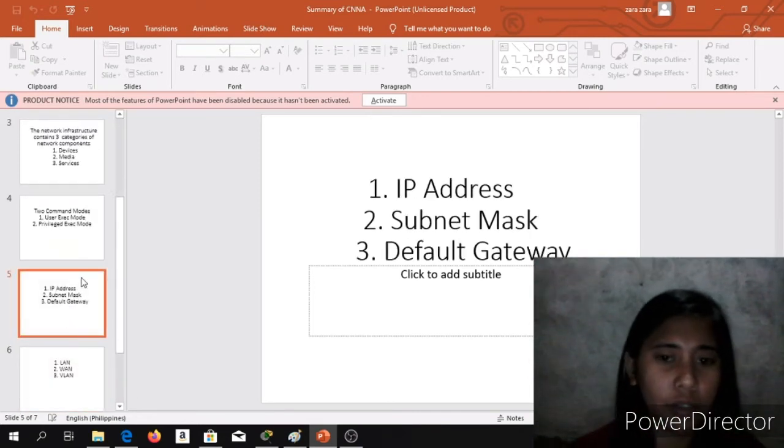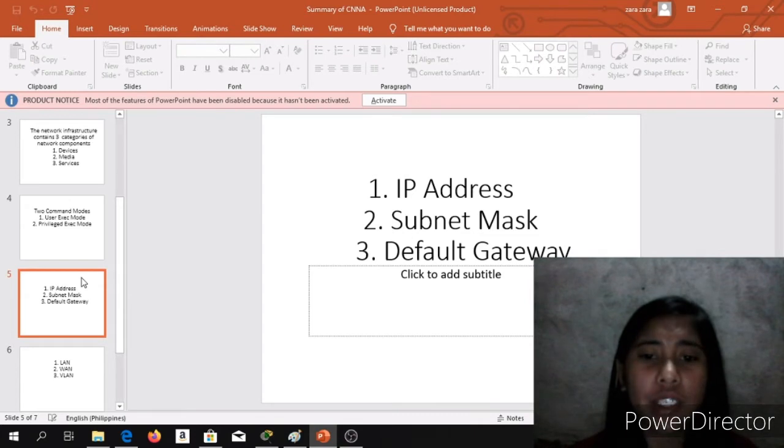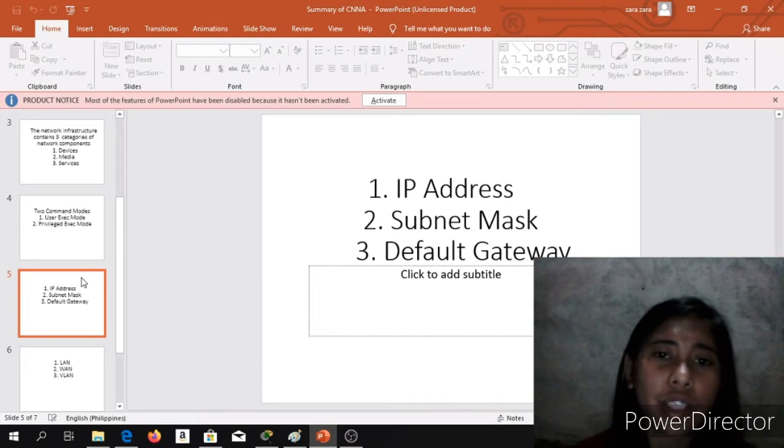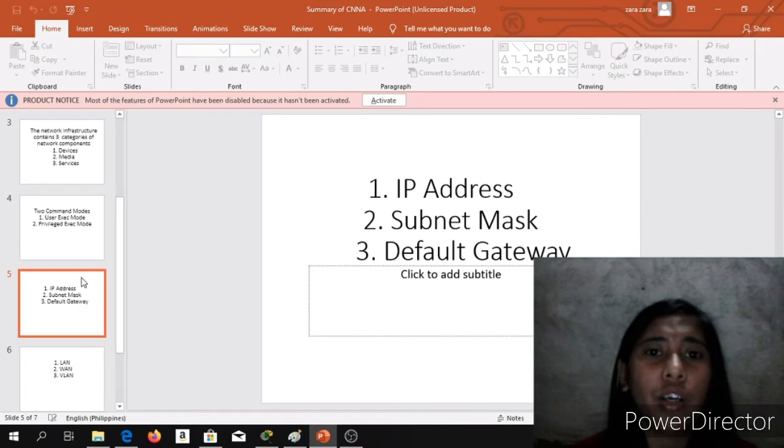And the IP address, subnet mask, and default gateway. The IP address is an address used to uniquely identify a device on an IP network.